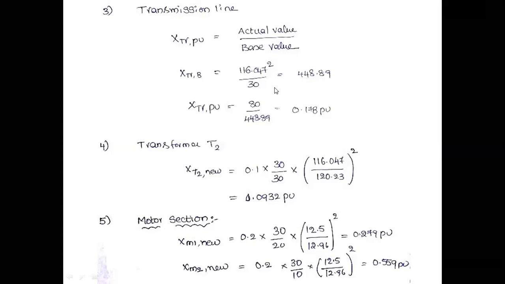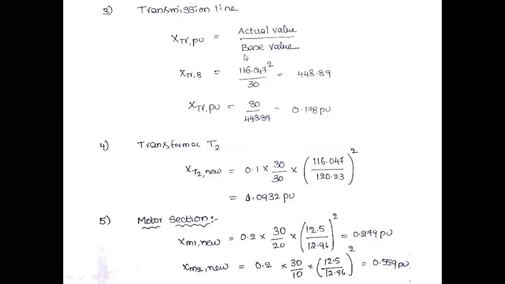You do not consider that as new values. MVA base is equal to 30, obviously, and 116.047 squared. If you simplify this, you will get 448.89. So this is the base value. Actual value 80 is given, and the base value is 448.89. If you consider the ratio of these two, you will get 0.178 per unit.